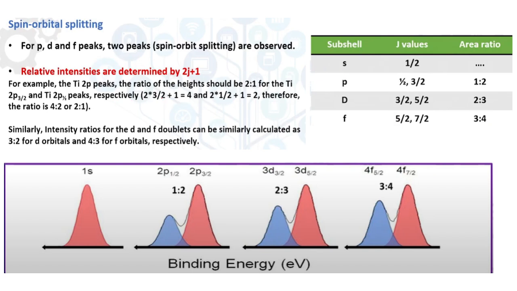If you check 2j plus 1, that is 2 into 3/2 plus 1, and for 2p 1/2, that will be 2 into 1/2 plus 1. So that is 4:2, that means a 2:1 ratio. Similarly, if you consider 3d 3/2 and 3d 5/2, the intensity ratio will be 2 is to 3, and similarly for 4f it will be 3 is to 4, just by checking the 2j plus 1.